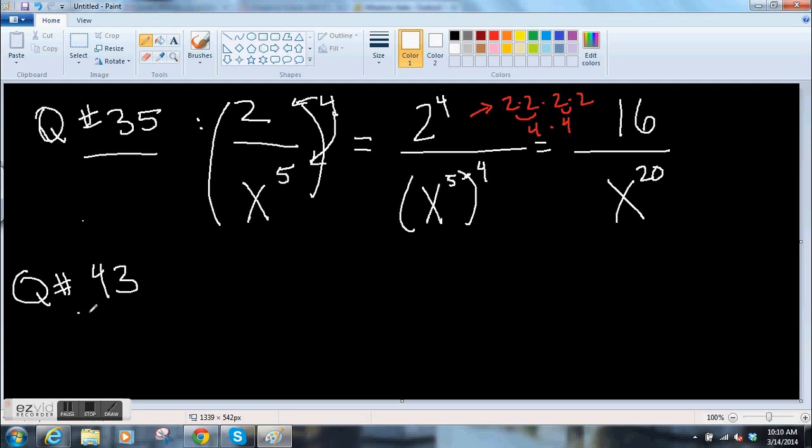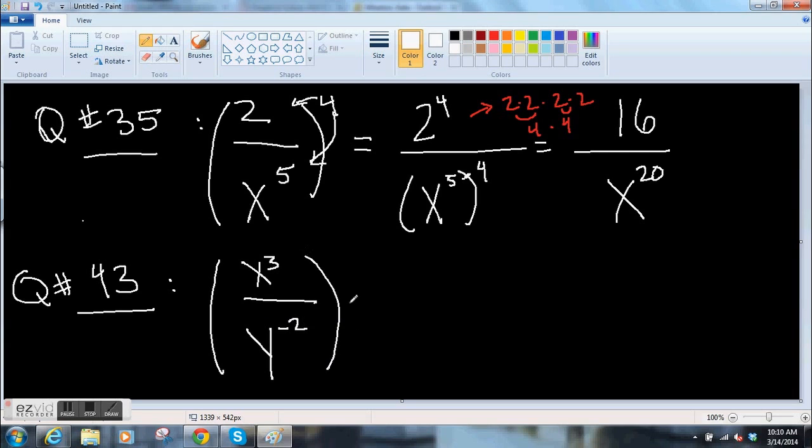sorry. 43, here we have x cubed, we're still simplifying, all divided by y to the negative 2 raised to the negative 3. So again, I'm going to choose some steps to do this. If you choose a different step, that's completely fine with me. There's not only one way to do this, but you can do it like this. This is x to the 3 times negative 3.